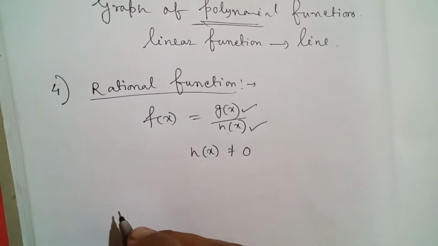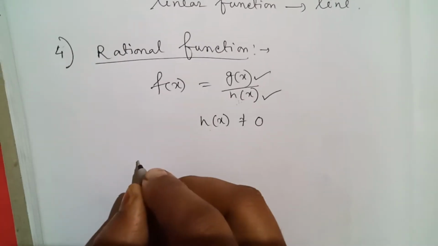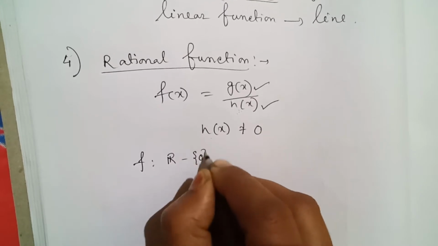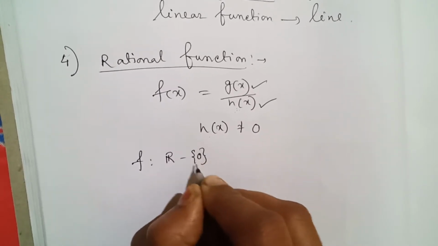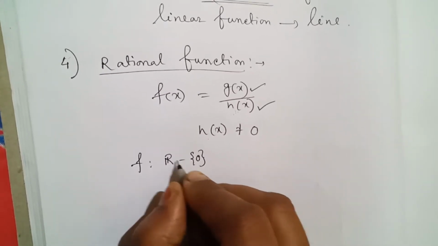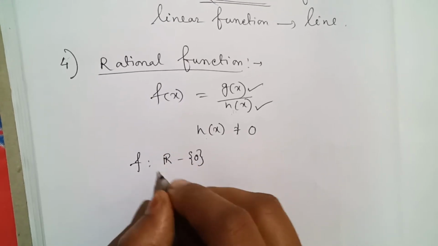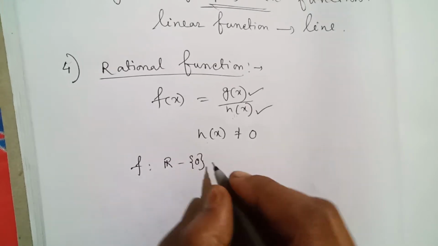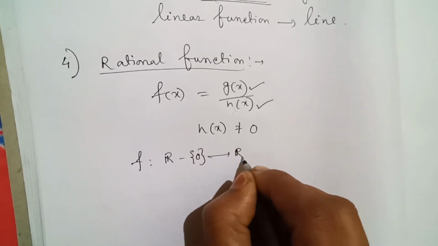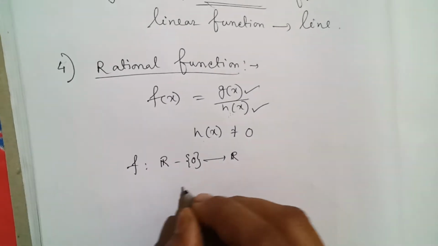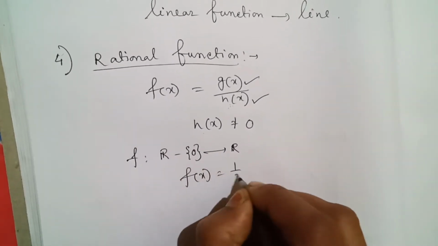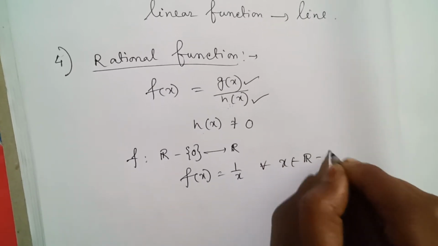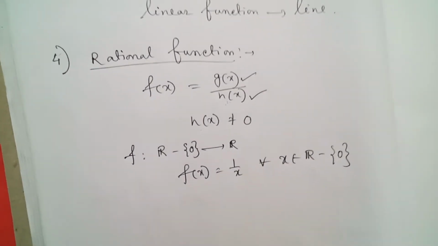So for example, you can take f from R minus 0, where R minus 0 means the set of all real numbers except 0, to the real number set, defined by f of x equals 1 by x for all x belongs to R minus singleton set 0.